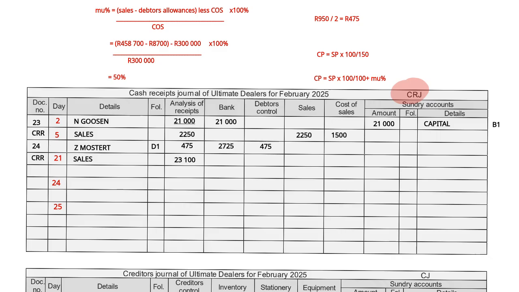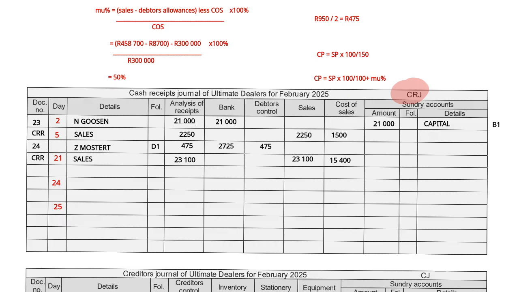Nothing in bank yet because we have another transaction on the 21st. Then we are going to say 23,100 under sales. And then we're going to calculate our cost of sales by using the formula selling price times 100 divided by 150, and then we get 15,400.